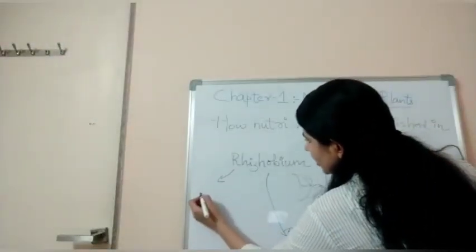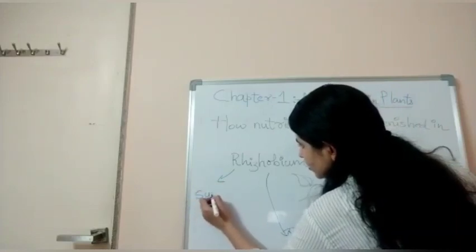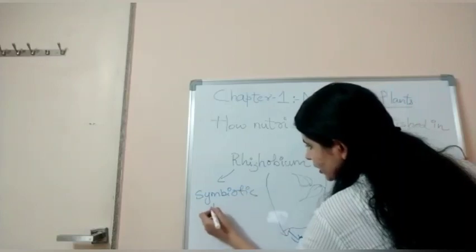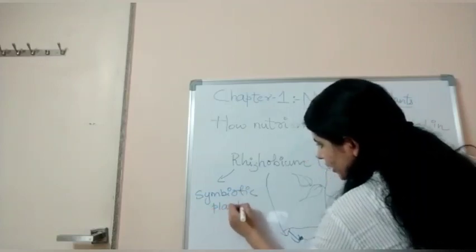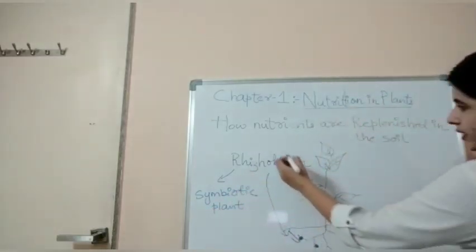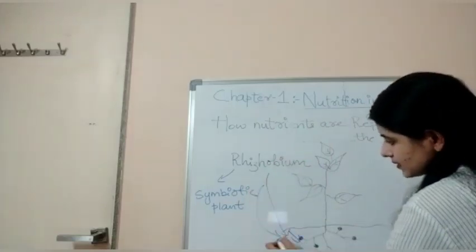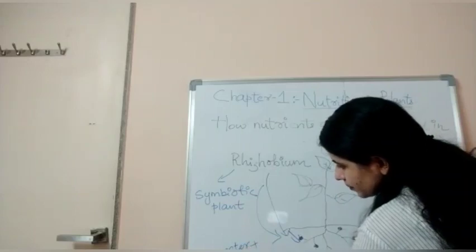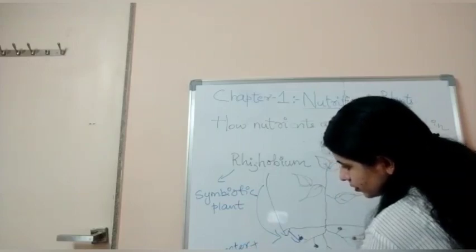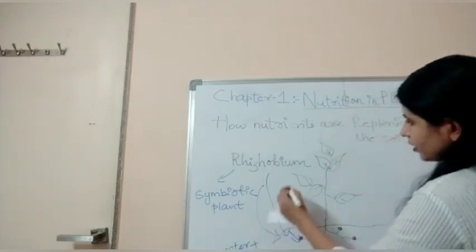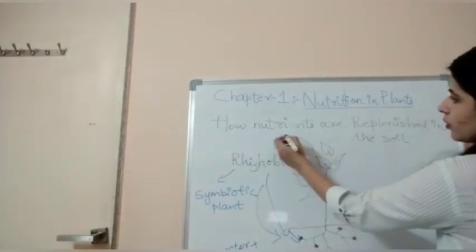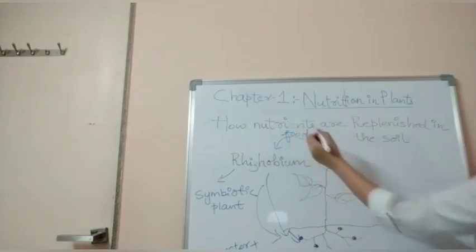Rhizobium is a symbiotic organism. So what does rhizobium provide to the plants? It provides water plus nutrients. In return, what will the plant provide rhizobium? The plant will provide the food that it prepares.